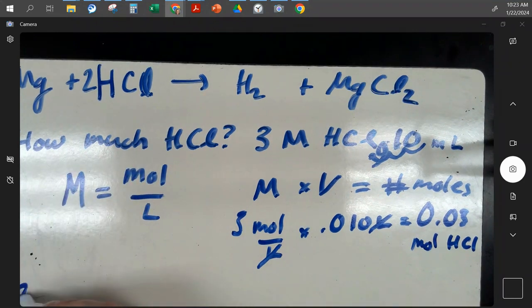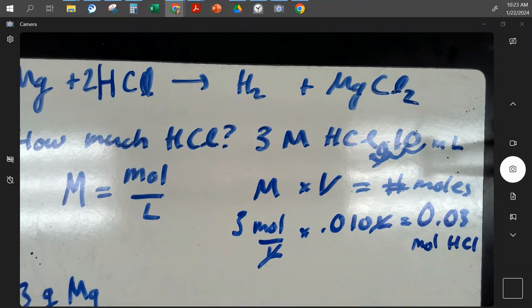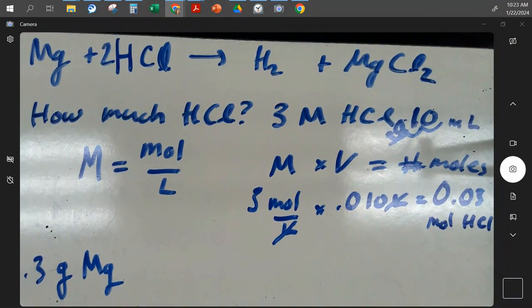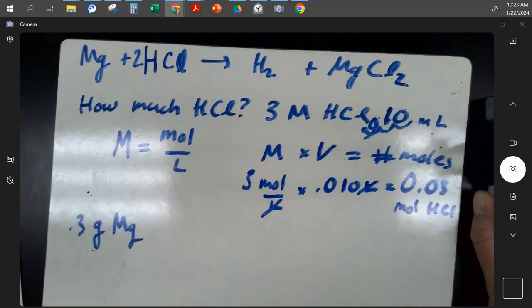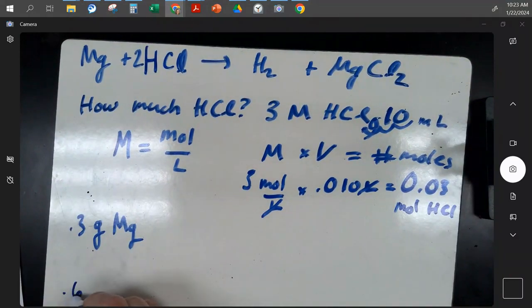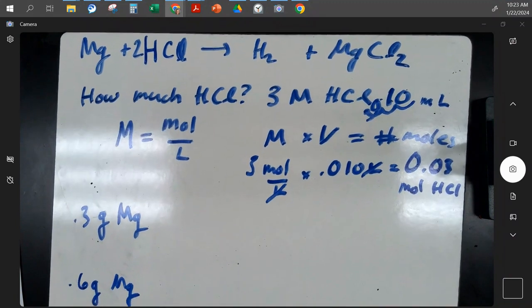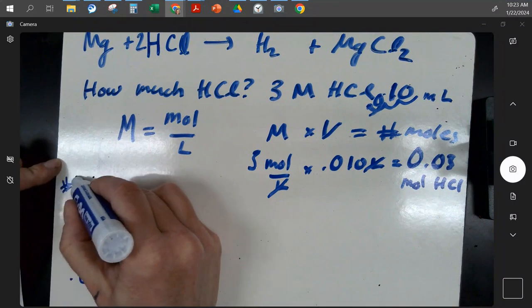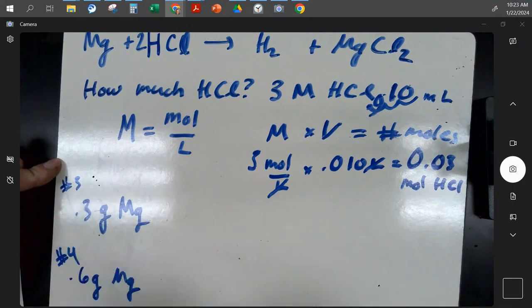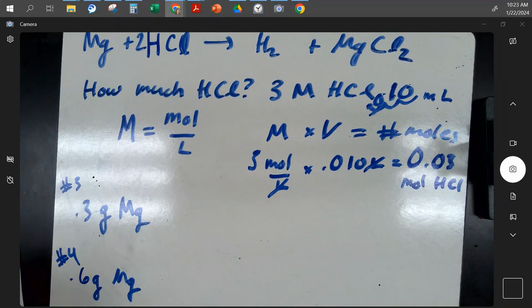Okay, we already figured out, maybe you'll have to remind me. So we are comparing 0.3 grams of magnesium to 0.6 grams of magnesium. Which one is limiting in each case? So this was like number 3, the bottle, and this was like number 4, the experiment.